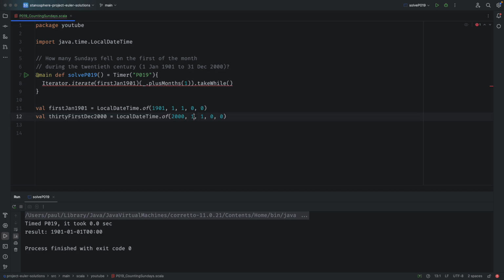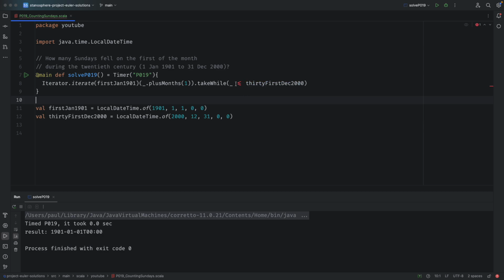Okay, and then 31st of the 12th, although I've got a terrible feeling those are the wrong way around. So year, month should be 12, and this should be 31. And I suppose strictly I could use 1st of December, but whatever. So when it's less than or equal to that, we want to keep them.